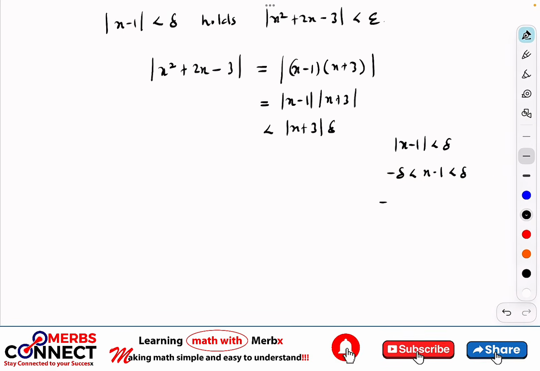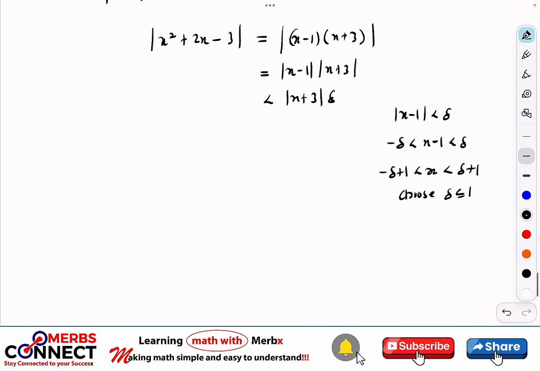So this is going to be minus delta plus 1 less than x less than delta plus 1. Here we choose delta to be less than or equal to 1. So this is minus 1 plus 1 less than x less than 1 plus 1, so 0 less than x less than 2.